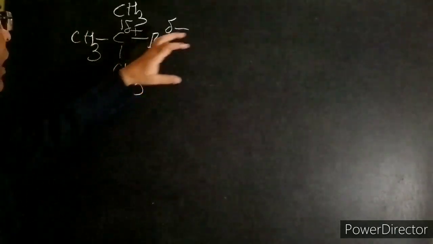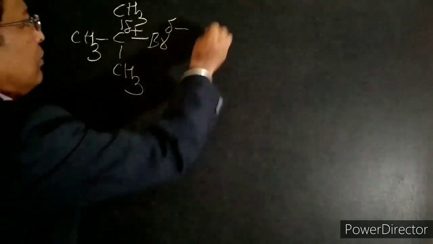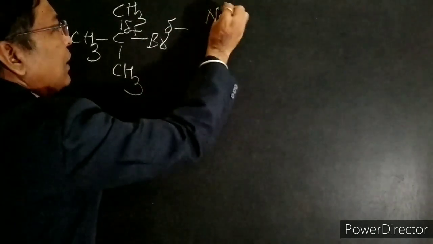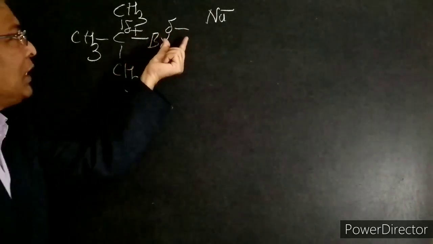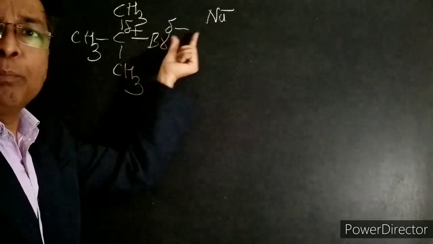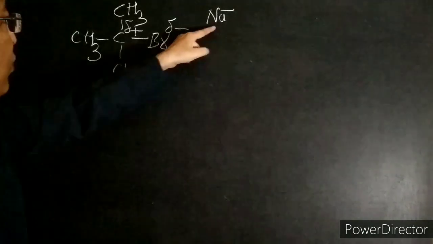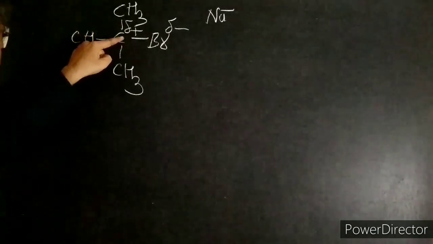When the nucleophile tries to come from this side, the partially negative halogen atom and the nucleophile repel each other. So the nucleophile cannot attack this positively charged carbon atom from this end.